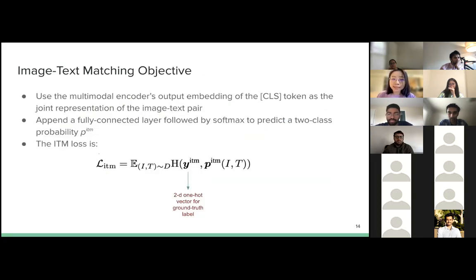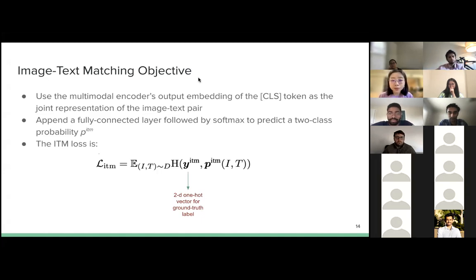How this is done is that once you have the multimodal encoder's output embedding of the CLS token, and this is the CLS token because through cross-modal attention, you want this token to really capture a joint representation of the image-text pair you're looking at.